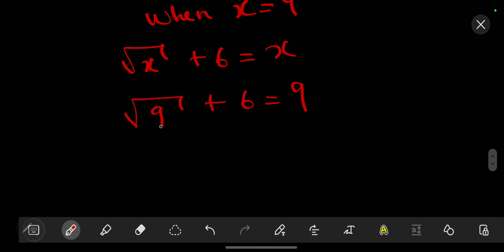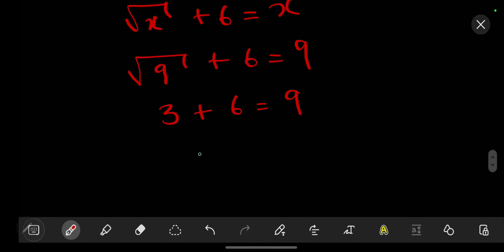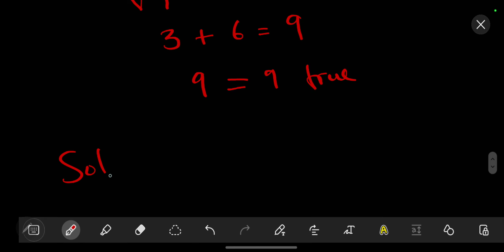So we have the square root of 9, taking the positive, it will be 3, plus the 6, which should be equal to 9. 3 plus 6 gives us 9, which is equal to 9. So this is true. So that means the solution set should be equal to the 9 that is working. So that's our solution set.